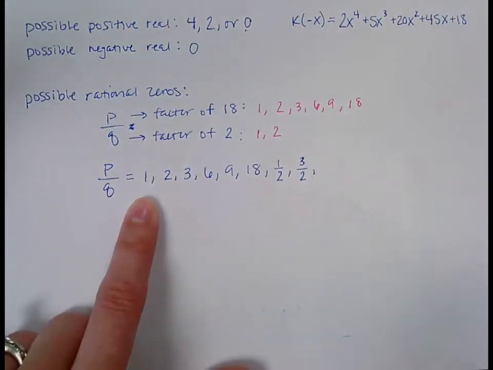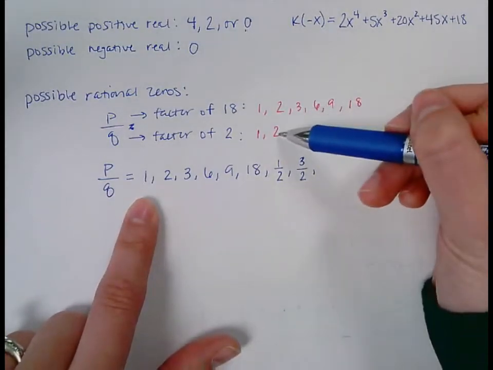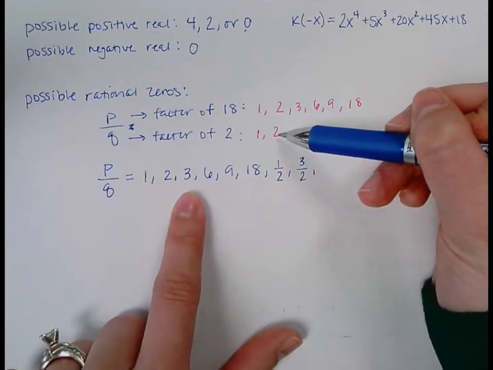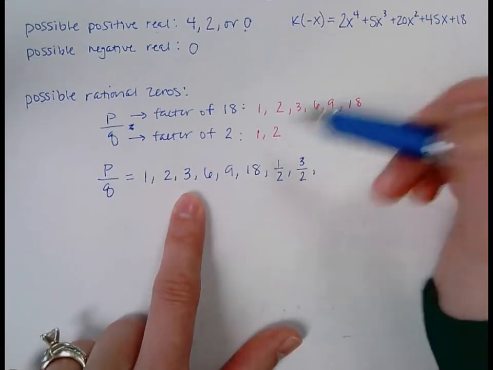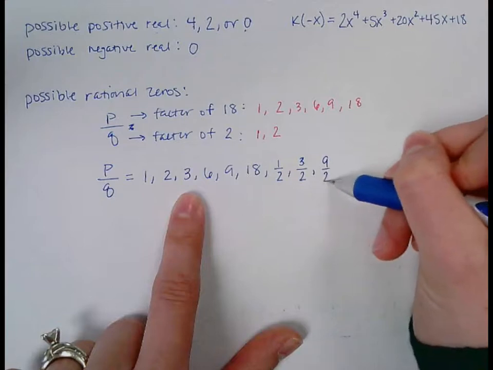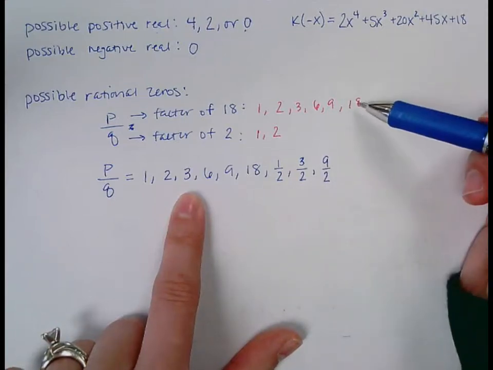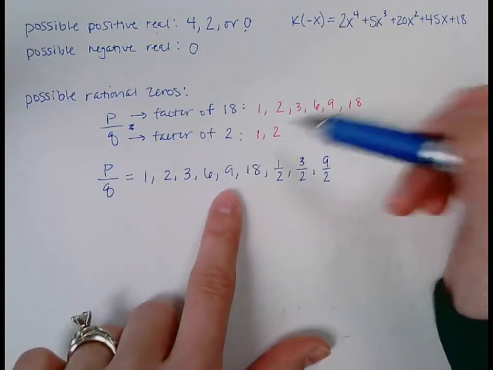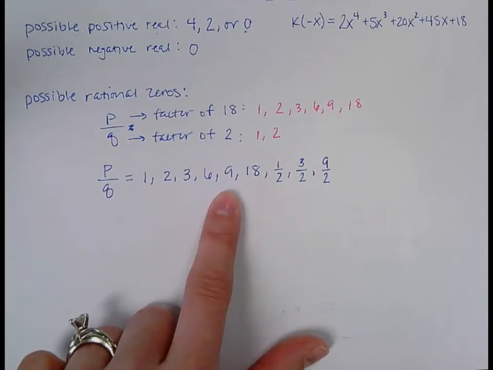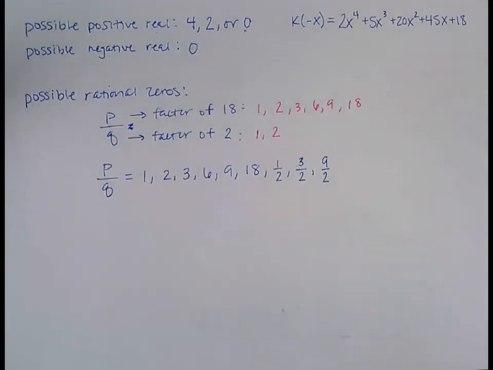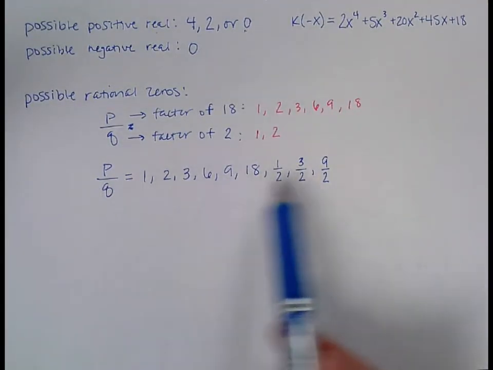If you put 1.5, it's fine. 6 over 2 is 3, that's already in my list. 9 over 2 is 4.5, so that's not in my list. And then 18 over 2 is 9, that's already in my list. So these are the possible zeros.